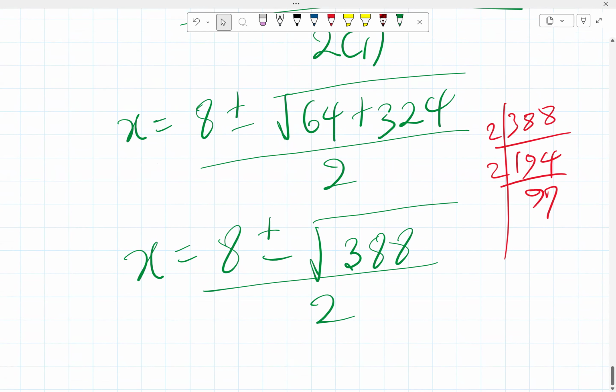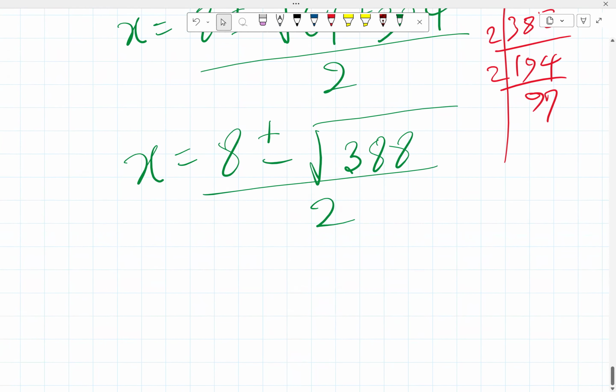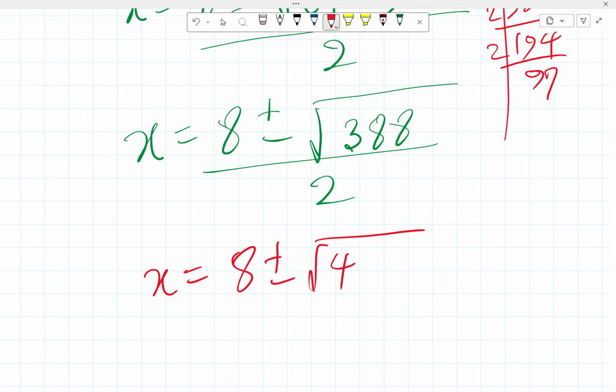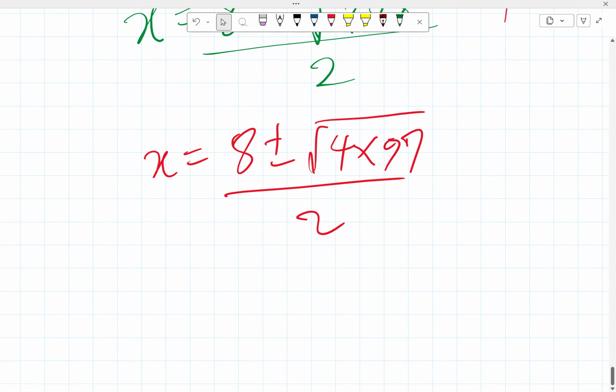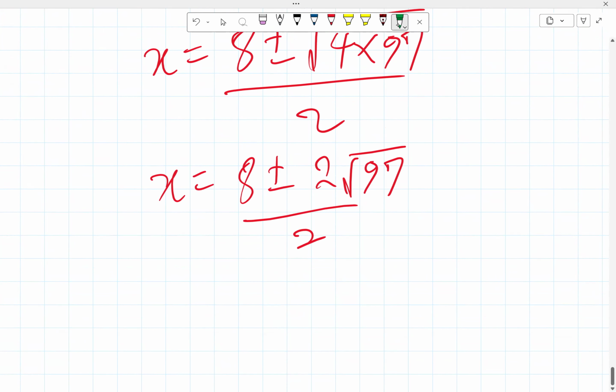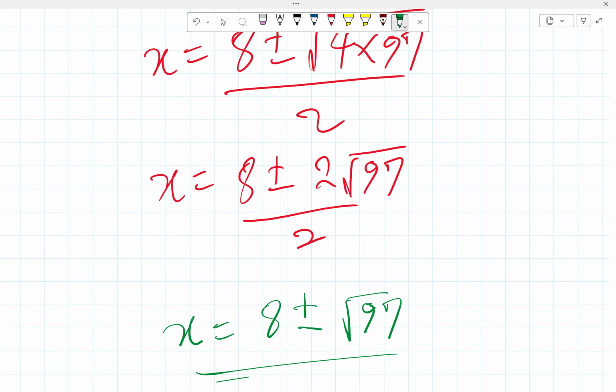So we have x equal to 8 plus or minus square root of 4 times 97, all over 2. So x is 8 plus or minus 2 root 97 all over 2. So x alone now is 8 plus or minus root 97, because we've divided by 2 already.